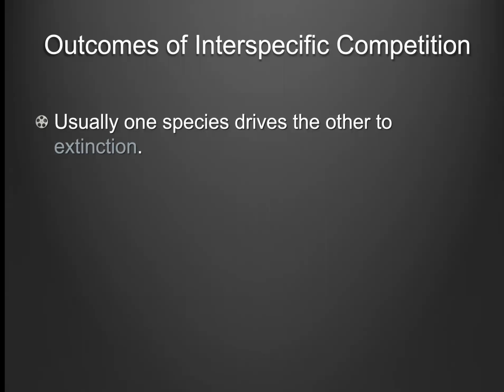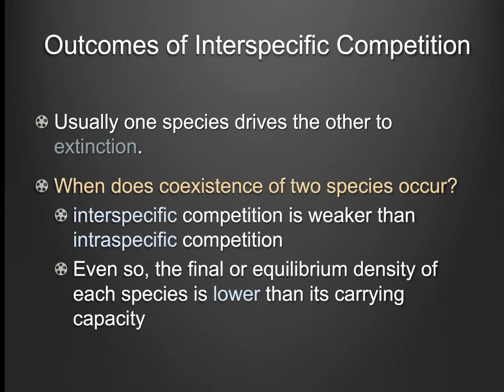It might be species 1 driving the other one out, or species 2 driving the first one out. But in the 4th scenario, you can end up with coexistence. This will occur only under certain circumstances, where you don't have necessarily a reciprocal relationship between alpha and beta.